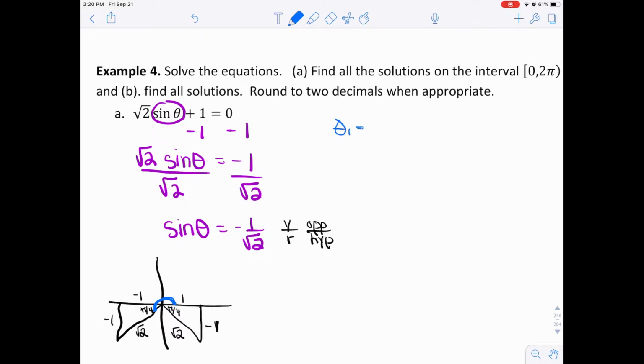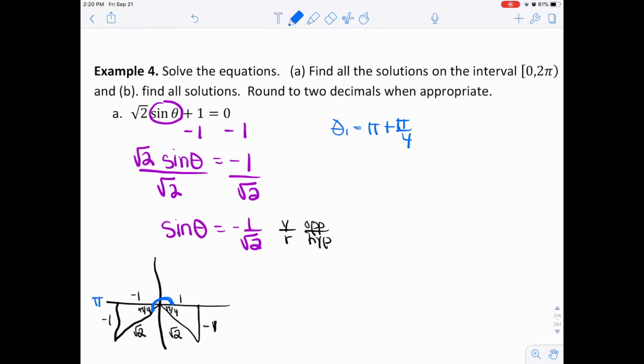So we know that the reference angle is pi over 4. Now we need to find the actual angle. The angle measure for the angle in quadrant 3 is represented by pi plus pi over 4, which equals 5 pi over 4.